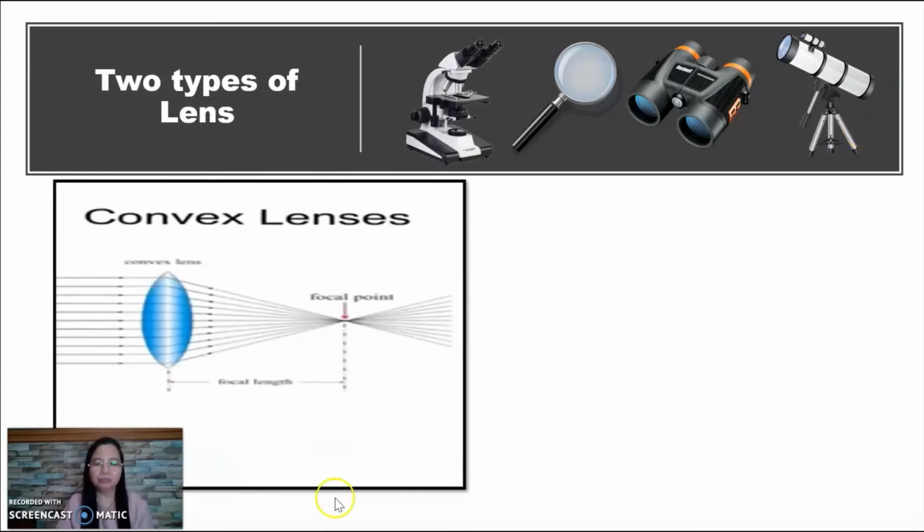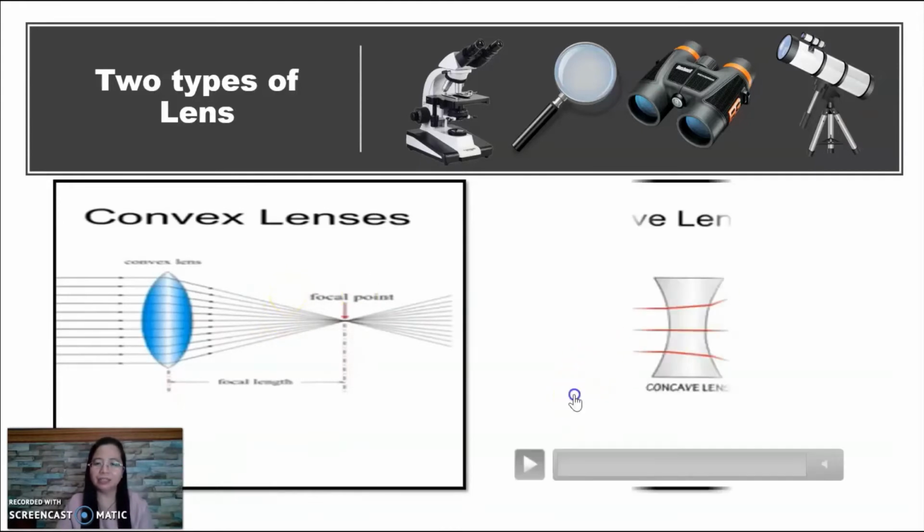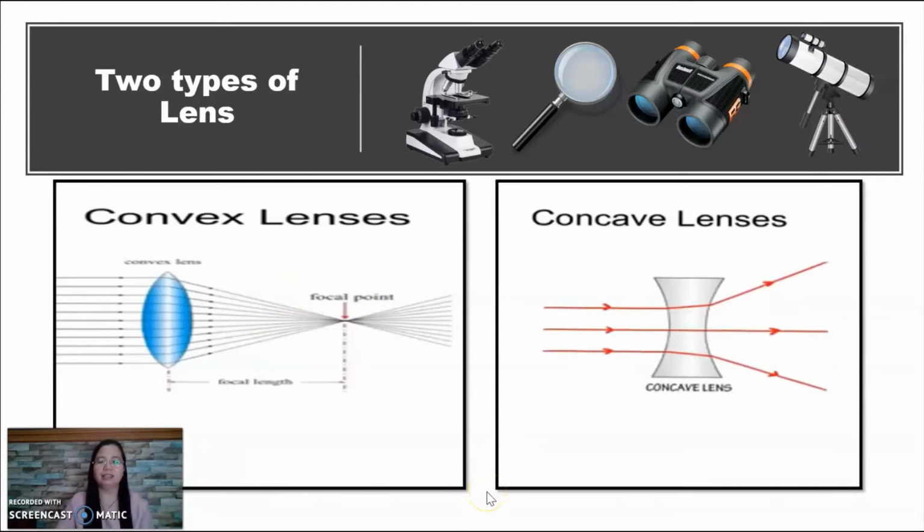There are two types of lens. First, convex lens. The other one is concave lens. So kindly tell something about these lenses. Look at these pictures. What can you say about the shape of the convex lens compared to the shape of a concave lens?